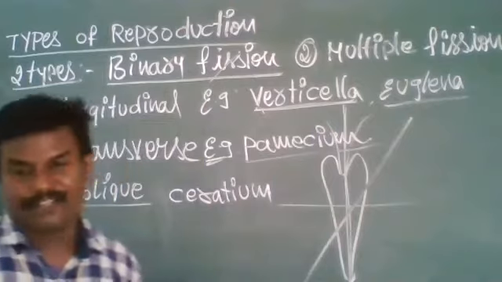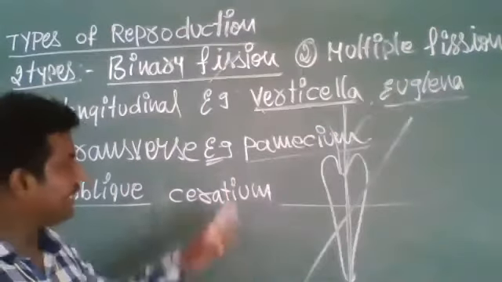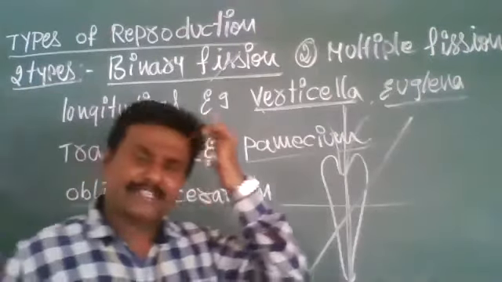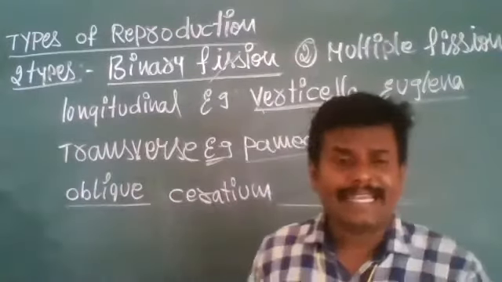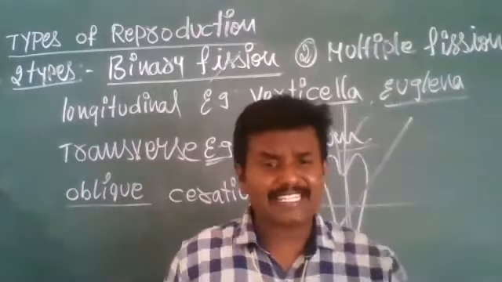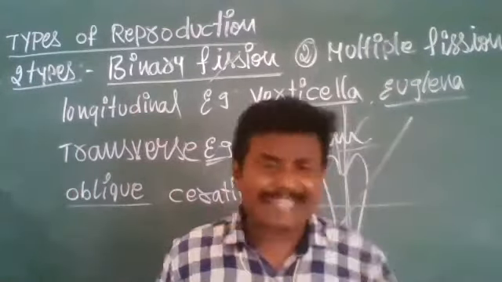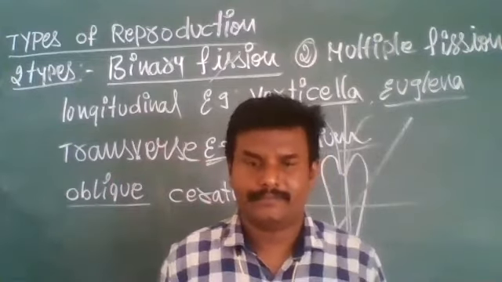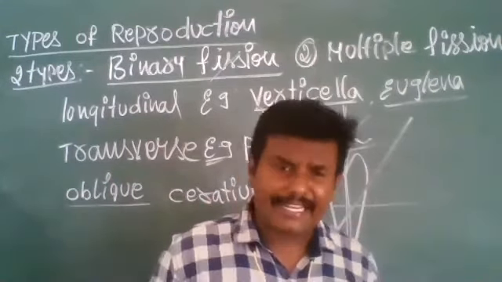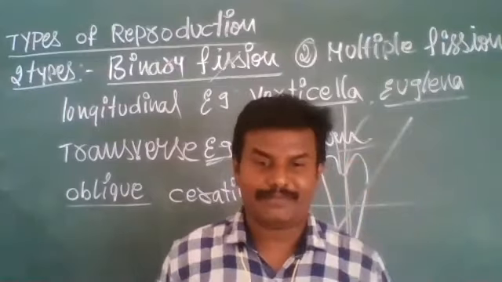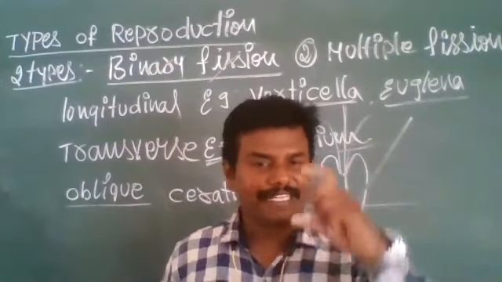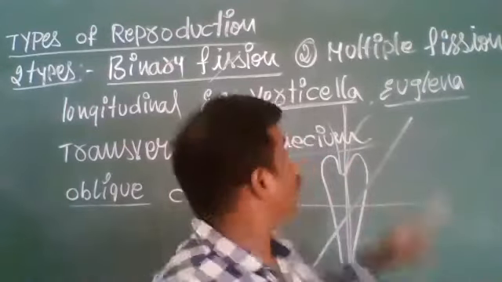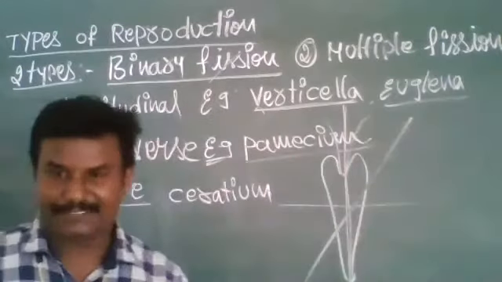It is a kind of unicellular organism. The binary fission is vertical in some organisms, horizontal in some, and slope, oblique, in others. However it occurs, their population multiplies within a short span of life. That is called binary fission.